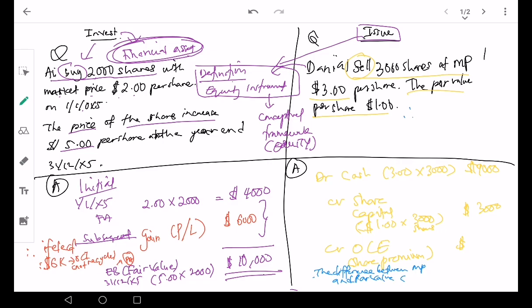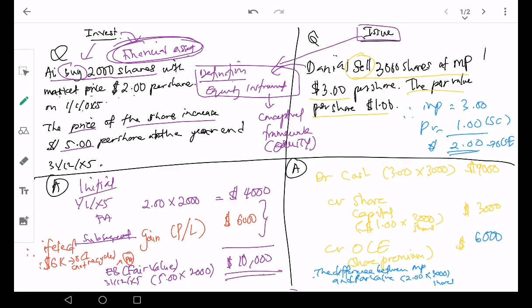You can see here the market price is 3. The par value is 1. So the balance will be $2 per share, which will enter into OCE. The $1 is under share capital. So $2 times 3,000 shares. How much, class? Good, 6,000. So you will get these journal entries.